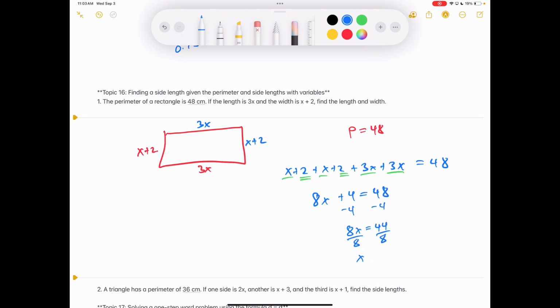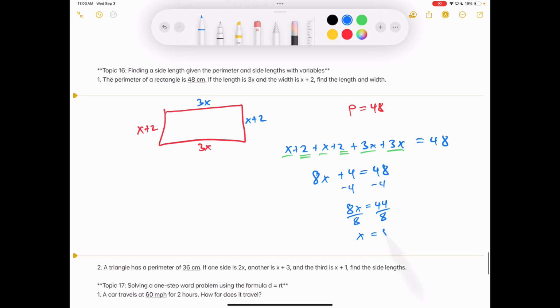That's a decimal, 5.5. I don't think Alex will give you a decimal. So to find the length, you do 3 times 5.5, which is 16.5, and to find the width, you would do 5.5 plus 2, which is 7.5.